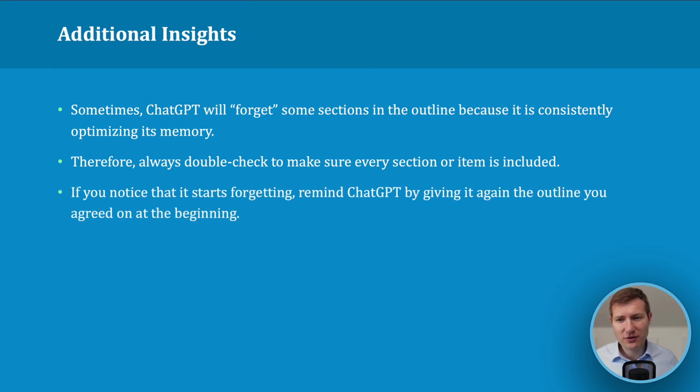And after, if you see that ChatGPT starts to forget the structure, just remind ChatGPT. Like this, you refresh the memory and you bring back in the context window the outline that you agreed at the beginning and also the structure of each chapter.